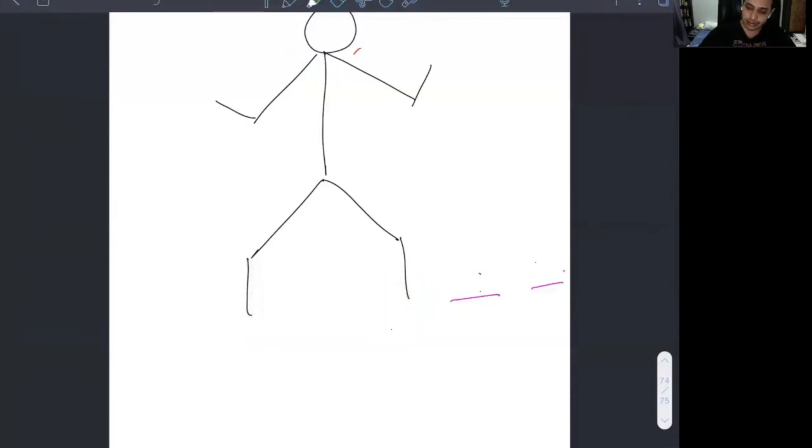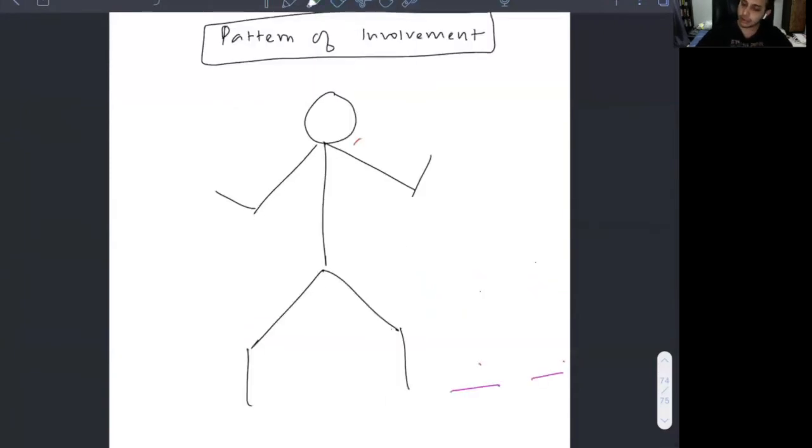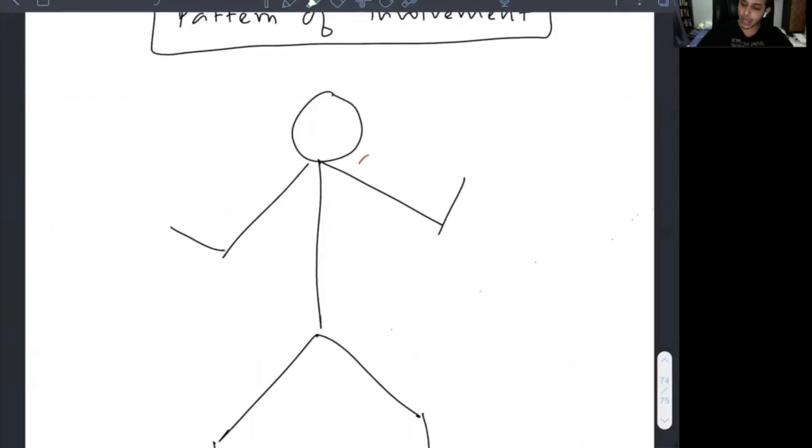So what else can be the presentation? There may be eye involvement. So the patient may come with ptosis or ophthalmoplegia. Okay.